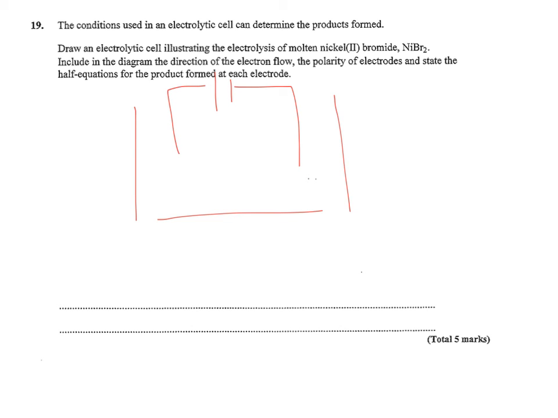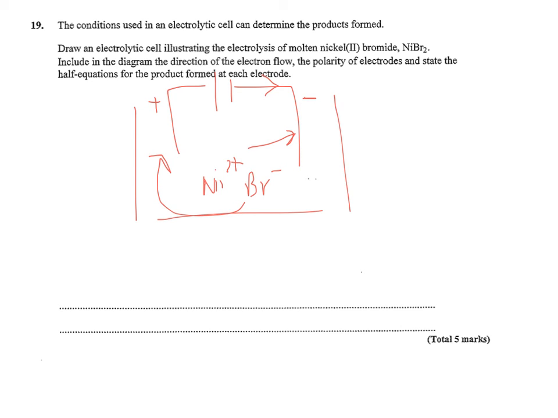So this being my positive electrode over here and my negative electrode on this side, the electrons are going to flow this way. I'm going to have Ni2+ and Br- in here. So I would expect the nickel to flow toward the negative, whereas the bromine will flow toward the positive.